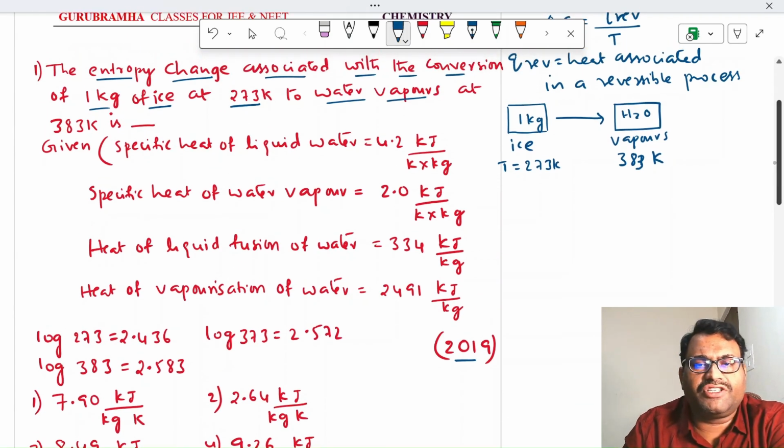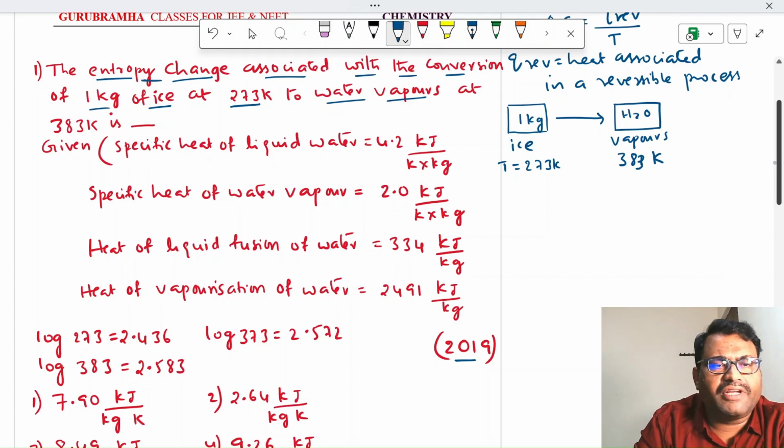So during this conversion of 1 kg of ice into water vapor from 273 Kelvin to 383 Kelvin, what is the change in the entropy? Calculate it.